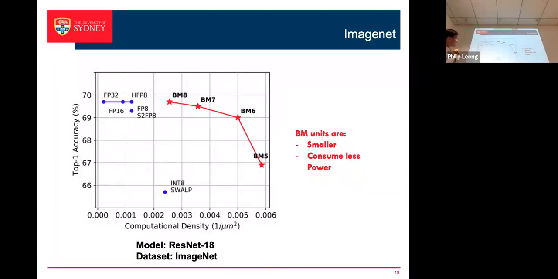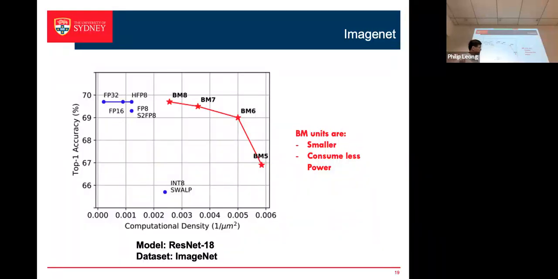So we actually compared the block Minifloat designs with some other low precision block formats, low precision formats designed for training from IBM and other places. And this is the top one accuracy for ImageNet ResNet 18.